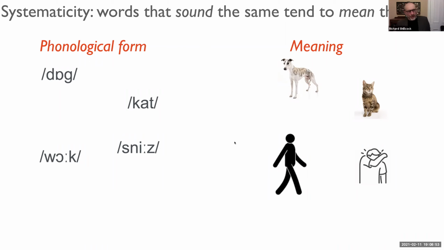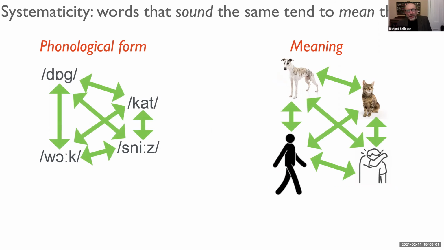What we want to do is to see how the relationship obtains between those two things. To start with, we're interested in the distance of everything to everything else. So the distance from dog to walk, from dog to sneeze, from dog to cat, and from cat to dog, cat to walk, cat to sneeze.